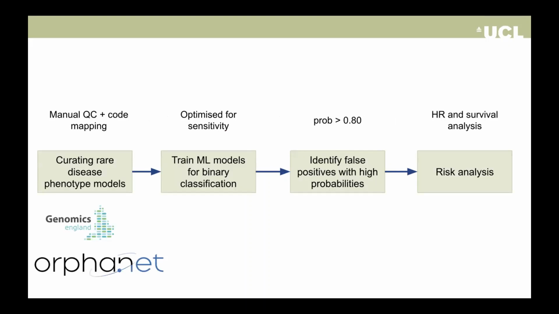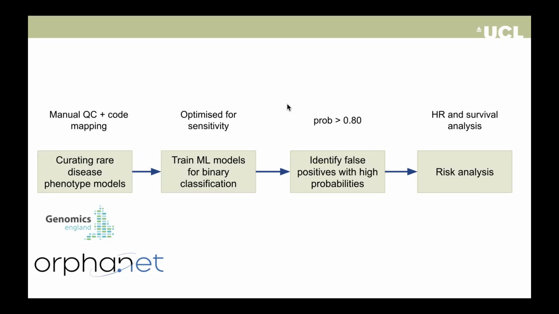For each of those 28 high-risk rare diseases, we curate the rare disease phenotype models from two resources called Genomics England and Orphanet. They in general have a good definition of the disease phenotypes.